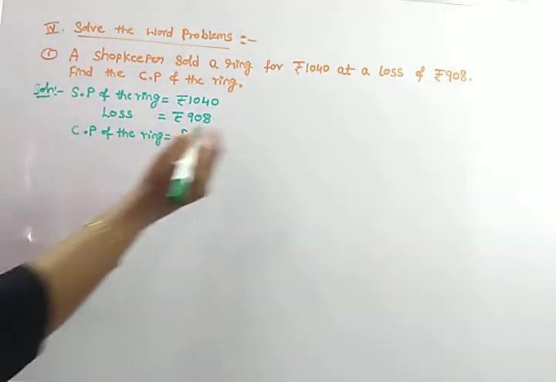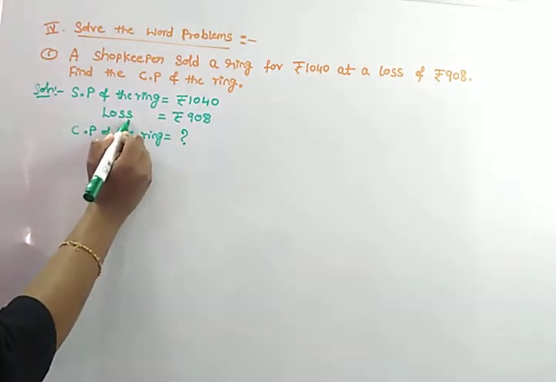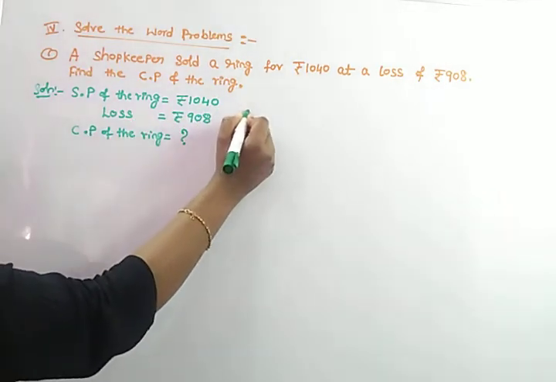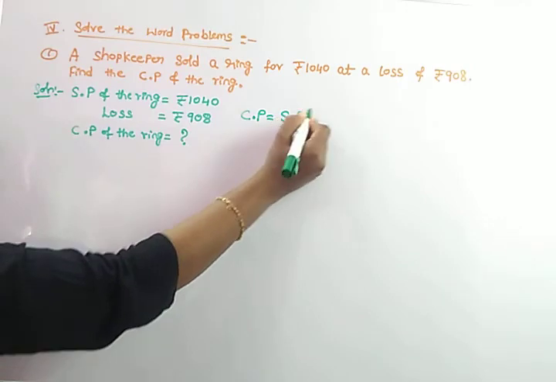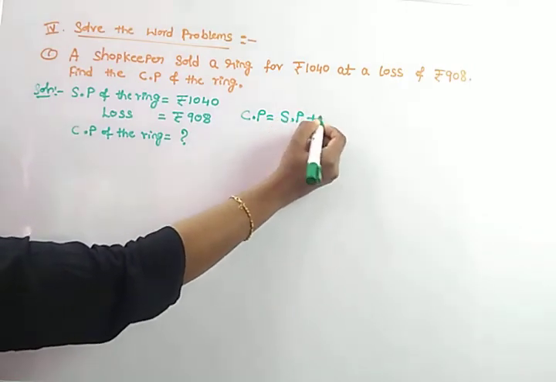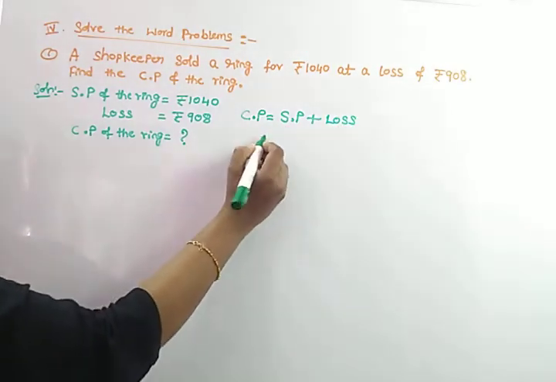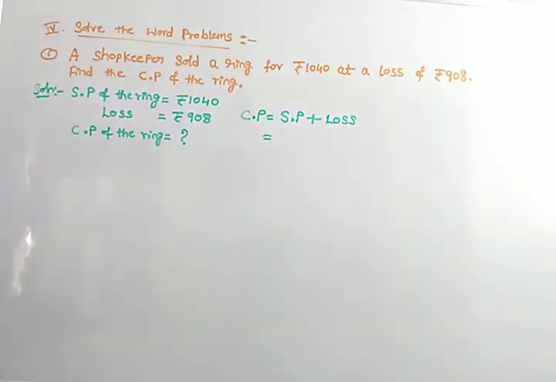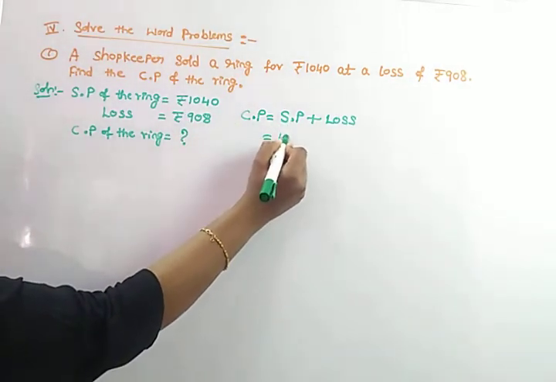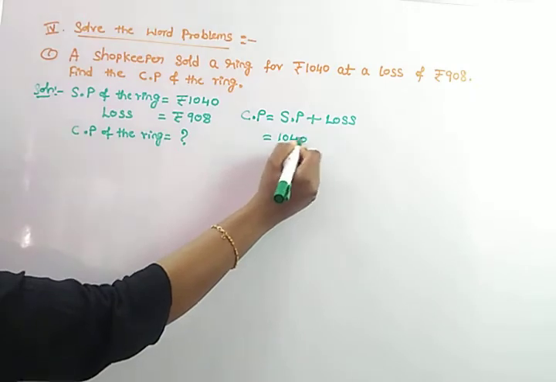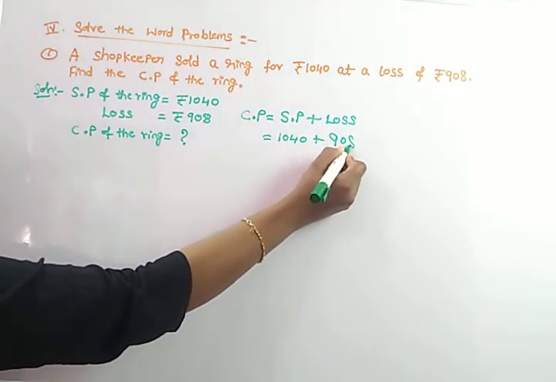So now we need to find the cost price of the ring. Which formula we have to use now? Here students, loss is given. So in case of loss, the cost price is equal to selling price plus loss. You have to use this formula. Need to remember all the formulas, students. So the selling price is 1040, substitute the given data. Then the loss is 908 rupees.